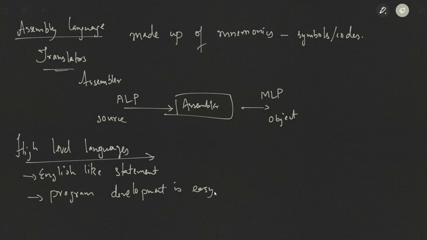If A is equal to this, then B is this, and if B is equal to this, then the output will be A plus B, something like that. So these are simple English like statements. This program development is easier for us as humans, and debugging therefore is easier.